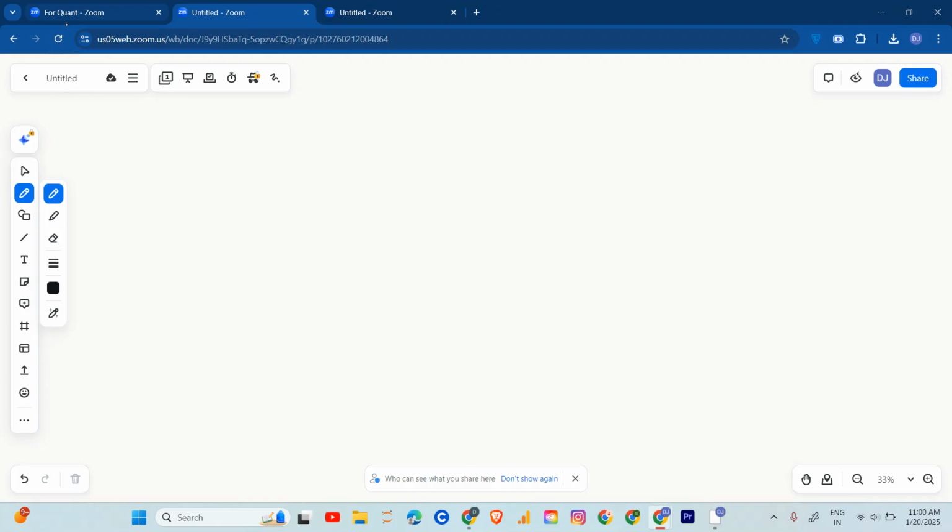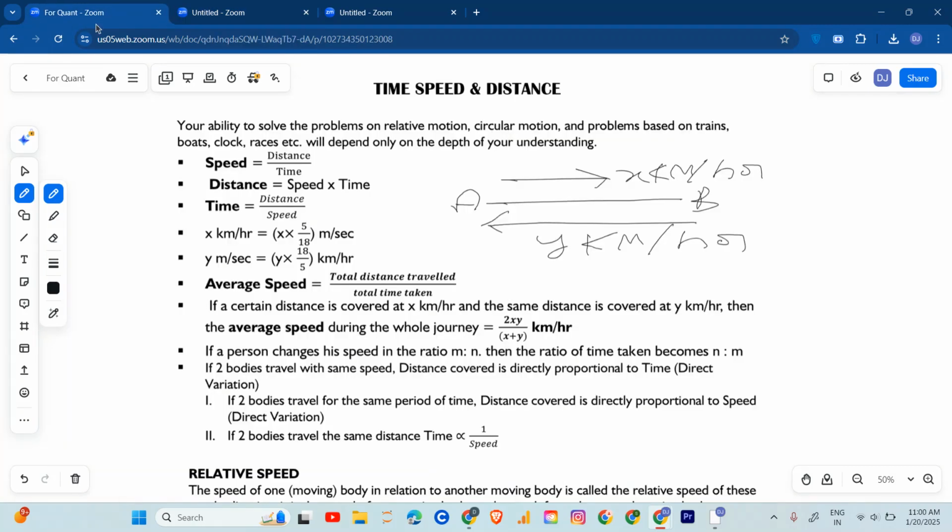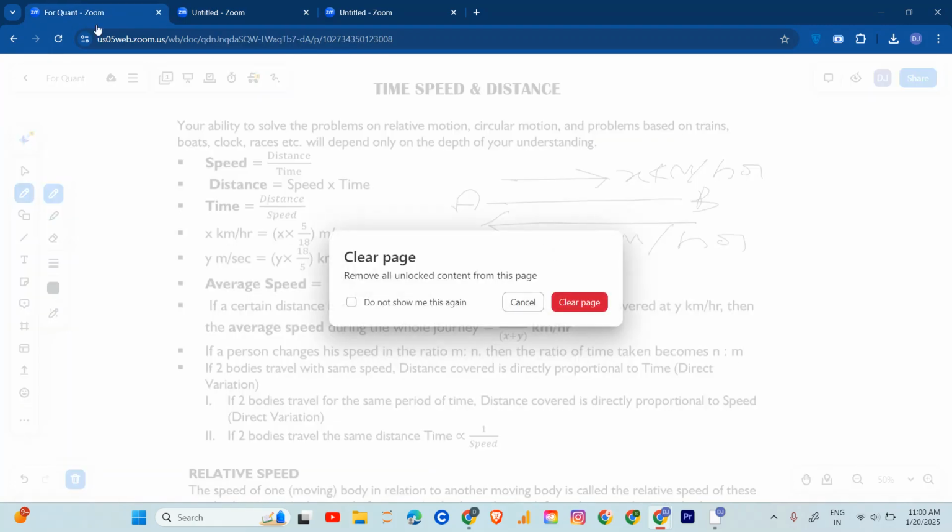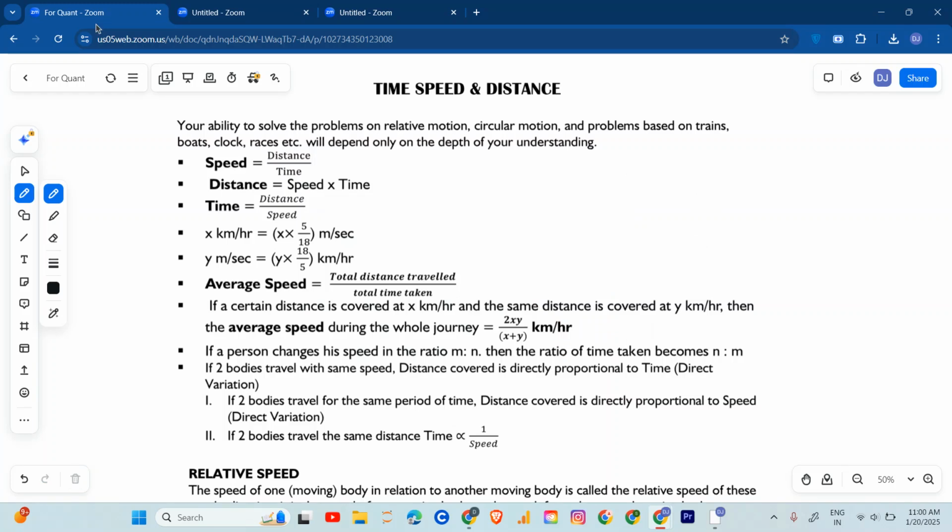Okay. Now we move to the next point. It is said that if a person changes his speed in the ratio of m divided by n, then the ratio of time taken becomes n divided by m. So let us understand this.